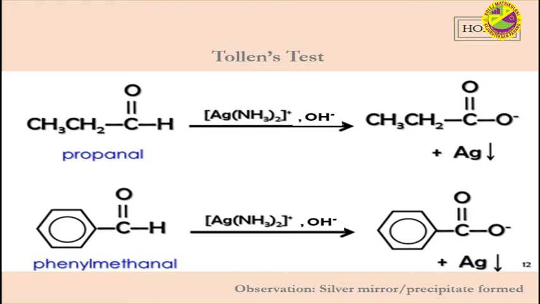The observation for Tollens' test, if it is positive, is silver mirror or precipitate form. If it is negative, we do not have to write the product and we will write the observation as no silver mirror or precipitate form.